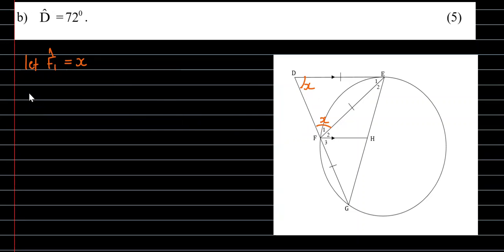So let's say angle E1 plus angle D plus angle F1, all these are equal to 180 degrees. What is the reason for this?